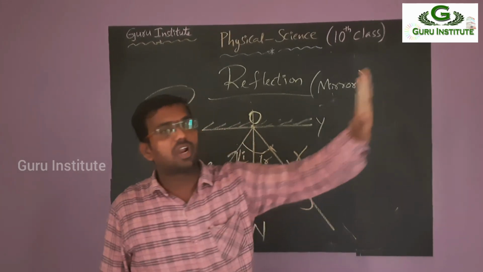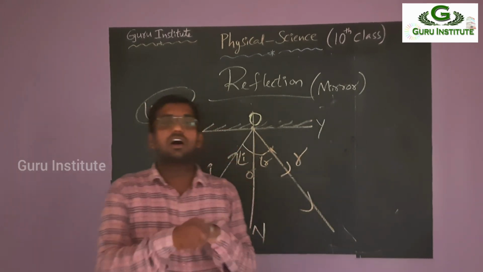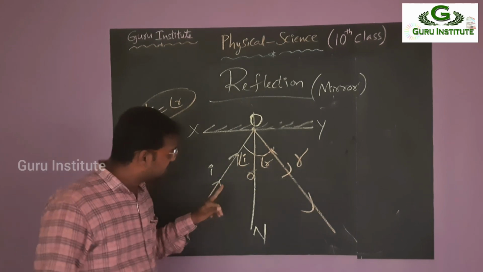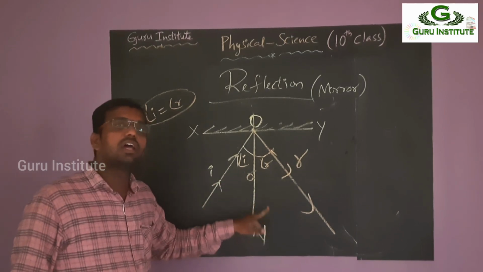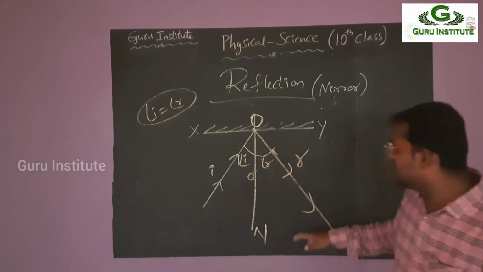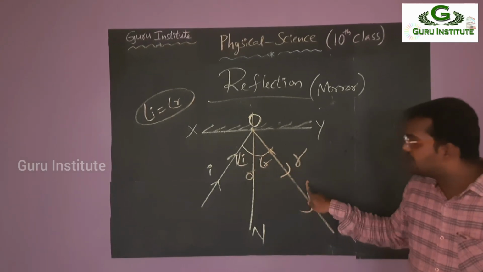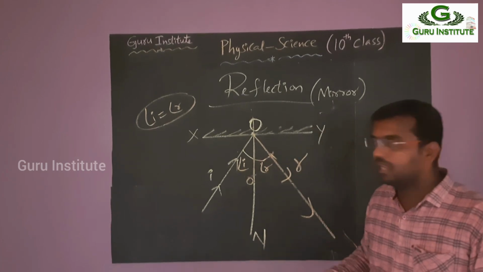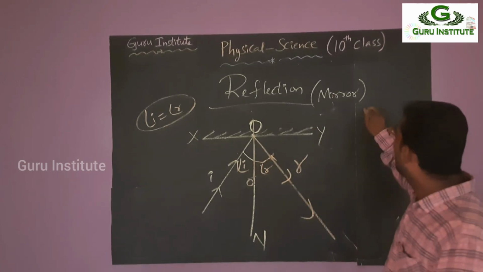At that point, if you draw a perpendicular, that is called the normal. The angle between the incident ray and normal is called the angle of incidence or incident angle. Similarly, the angle between the reflected ray and normal is called the angle of reflection or reflected angle.